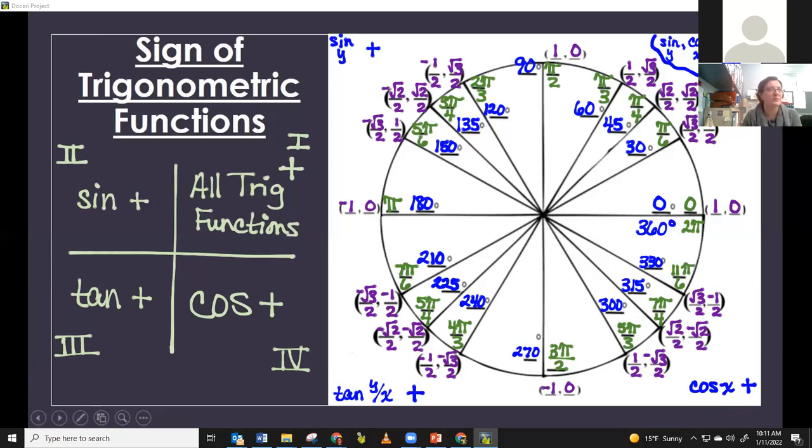So there's some acronyms that you can use to remember. You can say all students take calculus.